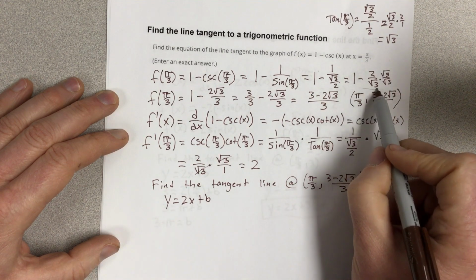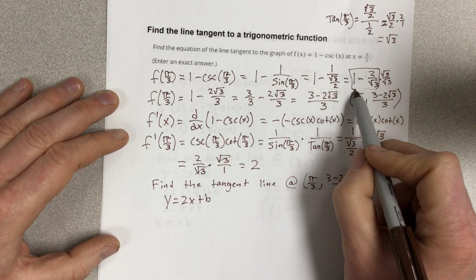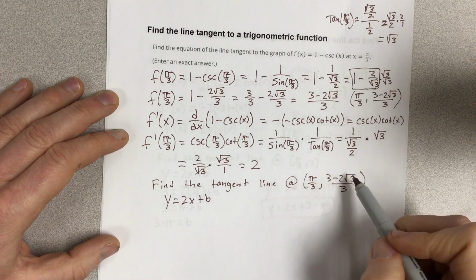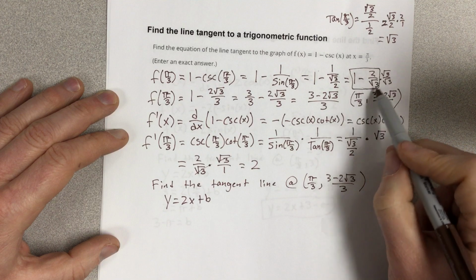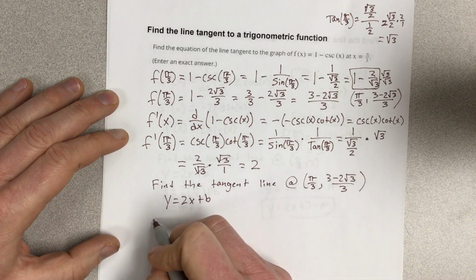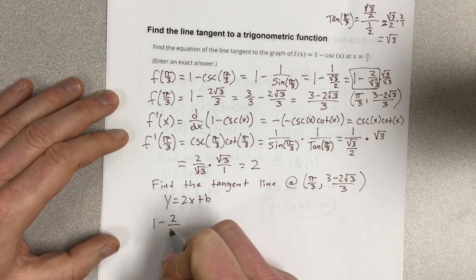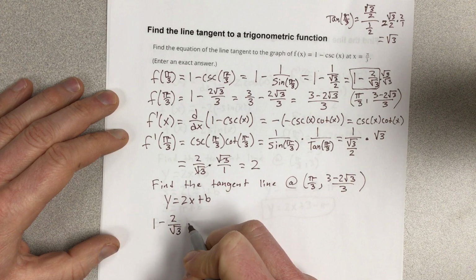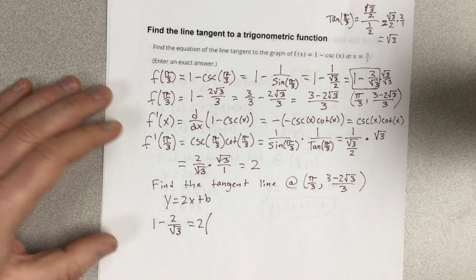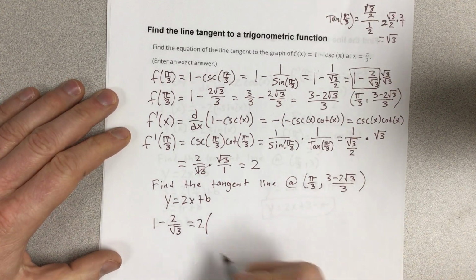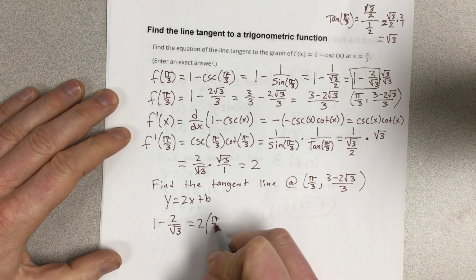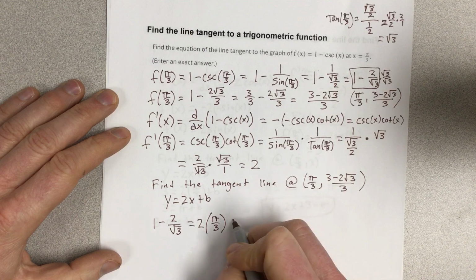I might actually just go back and use this piece right here instead of using this fraction. Instead of rationalizing, I'm just going to go back and use this piece. So that's 1 minus 2 over root 3 is equal to 2 times x, which x is pi over 3, plus b.